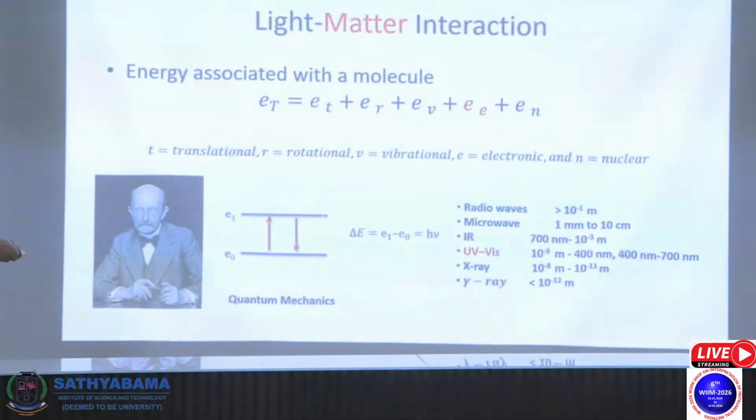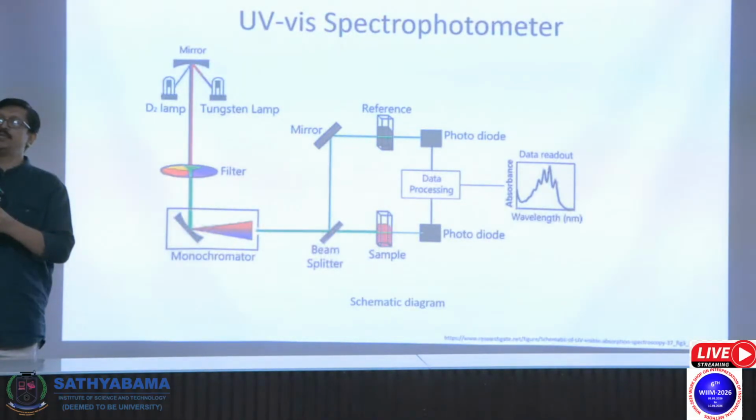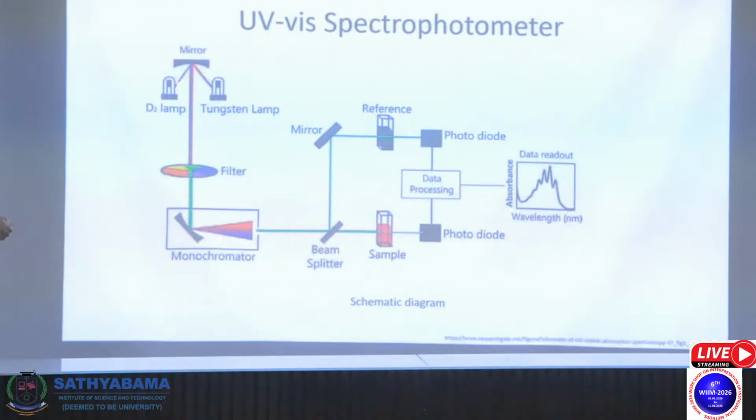So deuterium will also have electronic energy levels. Using the arc, you can excite deuterium from the lower level to the higher level, and when the deuterium emits light, it comes in the UV region from roughly around 190 or 200 nanometer to 300 nanometer. So using that light, deuterium can provide ultraviolet radiation.